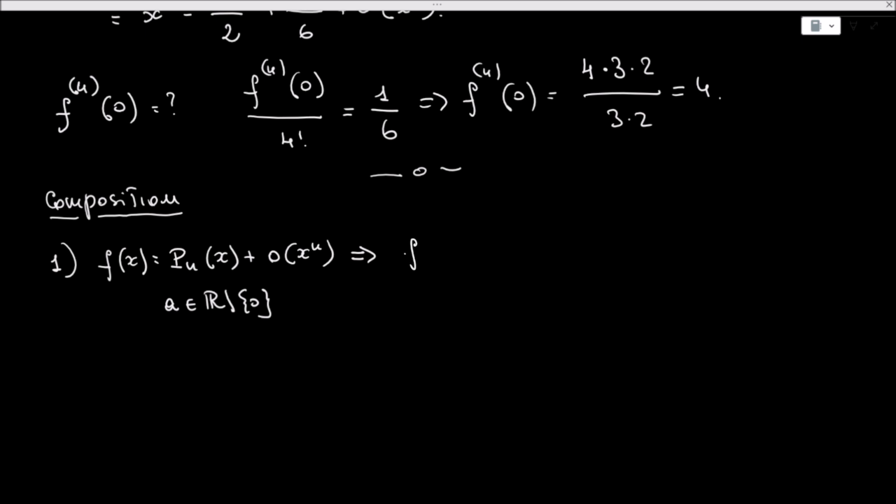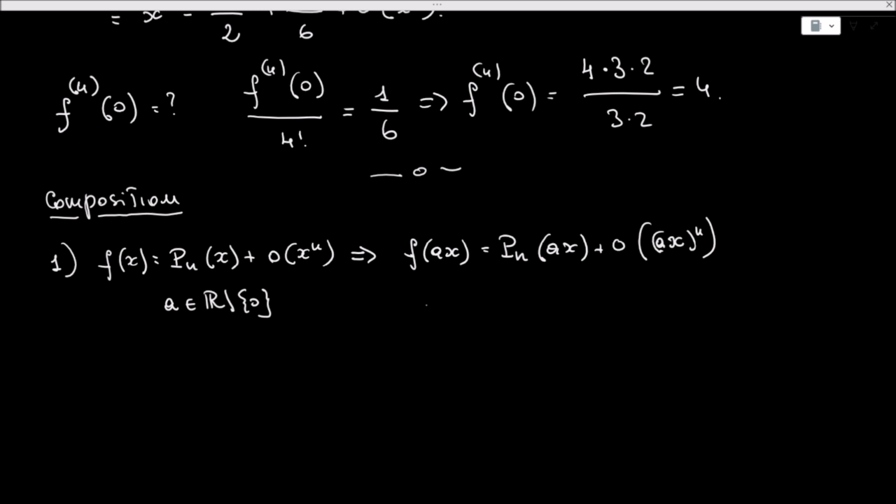So it turns out that f of ax is what we get if we just replace the argument of the function with ax, and this will be Pn of ax plus little o of what? Well, little o of ax all raised to the n.